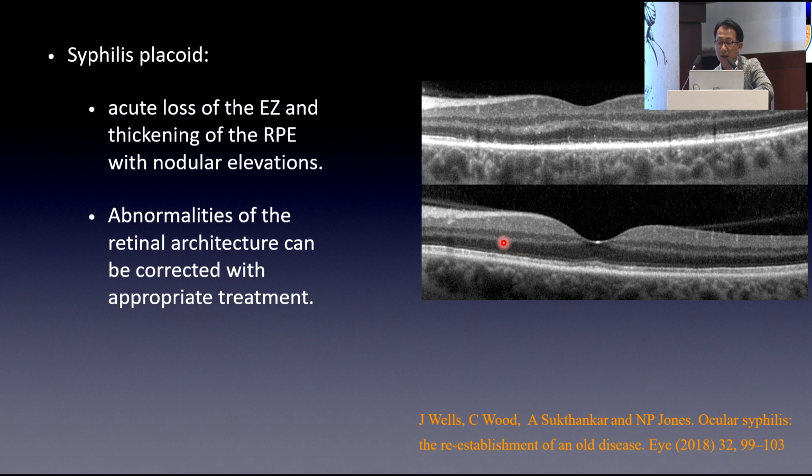Another OCT biomarker for syphilis placoid disease is the acute loss of EZ and thickening of the RPE, with nodular elevation, which is completely resolved after the treatment.